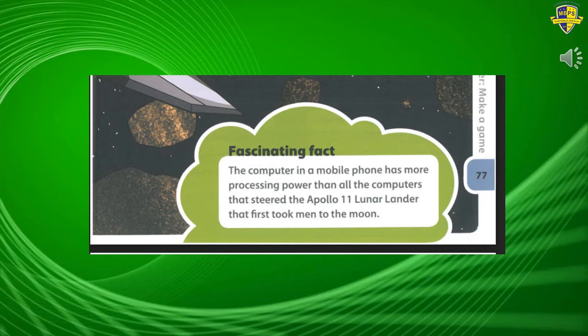The computer in a mobile phone has more processing power than all the computers that steered the Apollo 11 lunar lander that first took man to the moon. So see, imagine how fast the technology has changed. The spaceship at that time was not powerful, and right now the smartphones are more powerful than that spaceship. So that's how the technology is evolving.